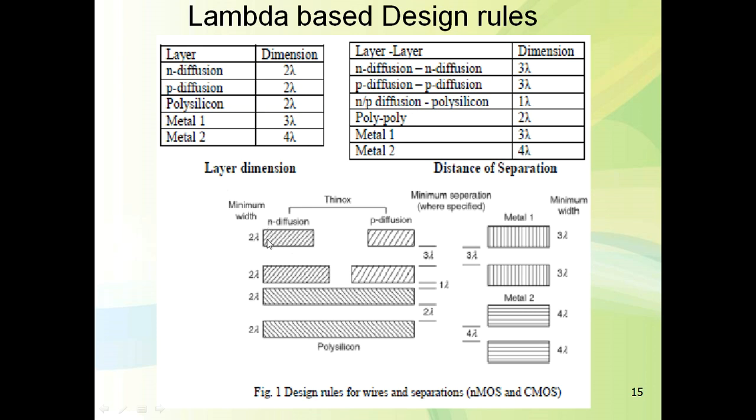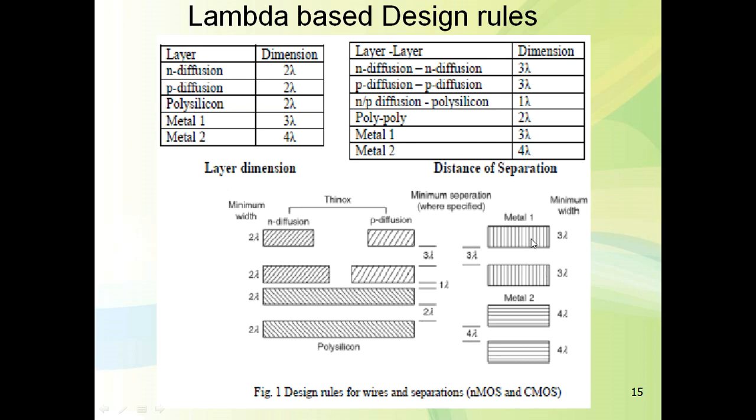So the width of the N diffusion is 2 lambda, and the width of the polysilicon is 2 lambda. Separation between two N diffusions is 3 lambda, or between two P diffusions is 3 lambda. Distance between diffusion and poly is 1 lambda. So this is N diffusion, this is P diffusion, this is polysilicon. Distance between poly and poly is 2 lambda.